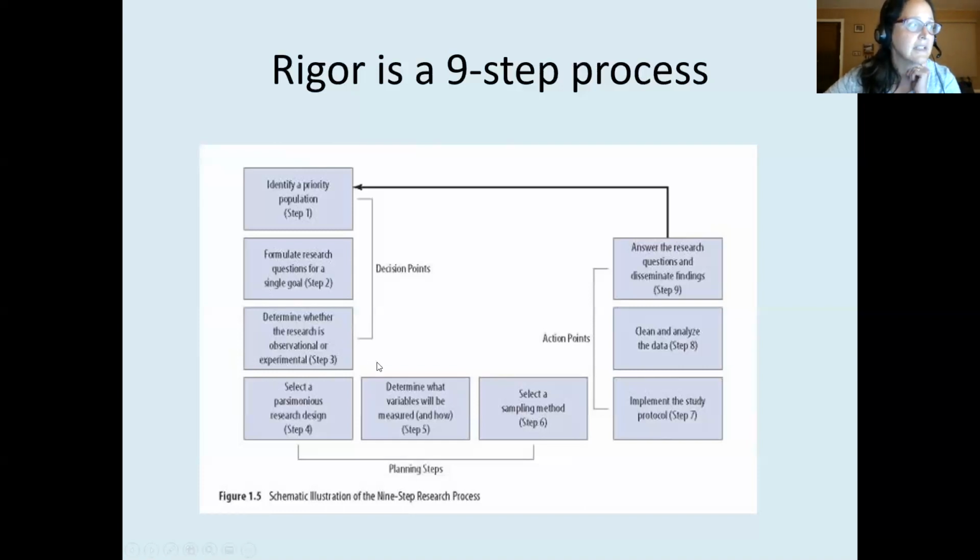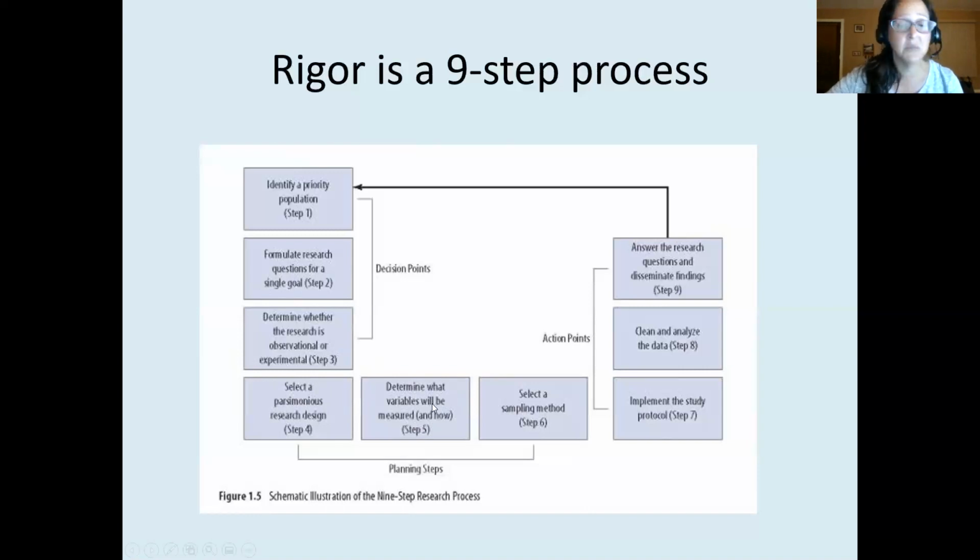And then the next things are the planning steps. And those, again, are 3 planning steps. First, you select a research design that is going to address your research questions. The next thing you're going to do is you're going to determine which variables you're going to measure and how you're going to measure those variables. So are you going to be using a survey? Are you going to be doing interviews?